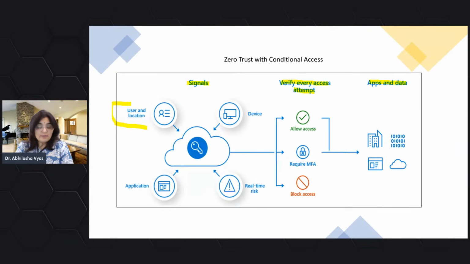I hope that till now you understand the challenges, how zero trust helps us manage and reduce the attack surface, and how conditional access gives us the power to work on signals. These signals help us verify every access attempt, and we will approve or reject that access based on the conditions for the applications and the data.